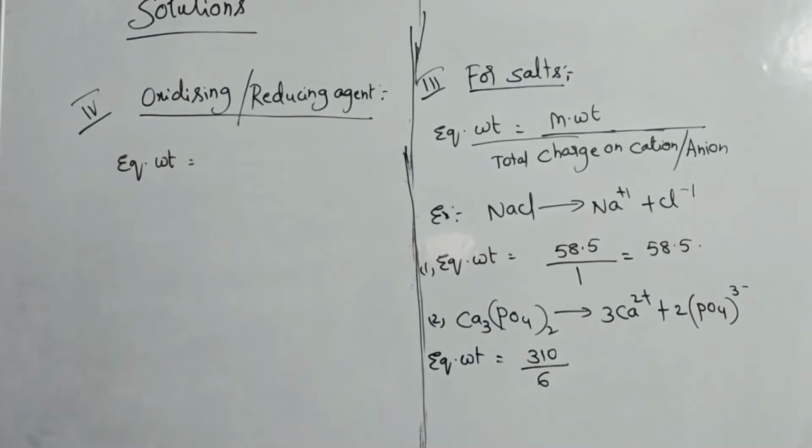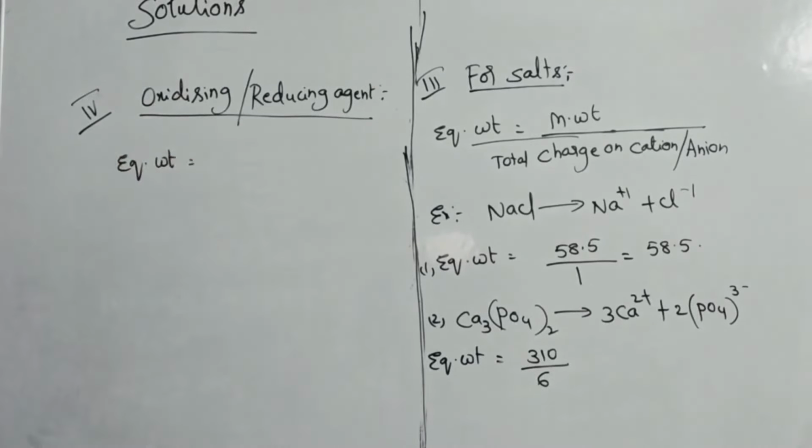Now use the formula N1V1 is equal to N2V2. N1 is 0.2, V1 you have to find, N2 we got as 0.5, and V2 they gave in the question as 1 liter.